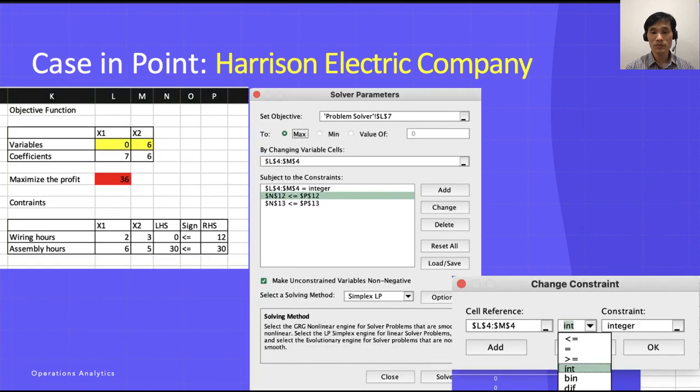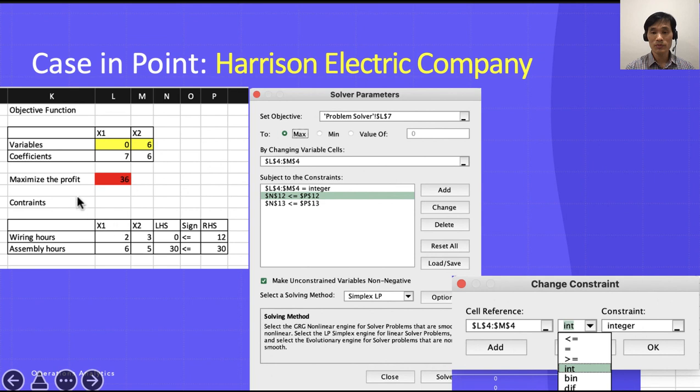So here is an Excel Solver solution that I did for you. I put variables first, x1 and x2, and the variables start from 0 or nothing, and I put the coefficients 7 and 6, and maximum profit was calculated here using the SUMPRODUCT function. I also put the constraints, x1 and x2, wiring hours and assembly hours there, with left-hand side, sign, and right-hand side, and ran Excel Solver as I specified here.